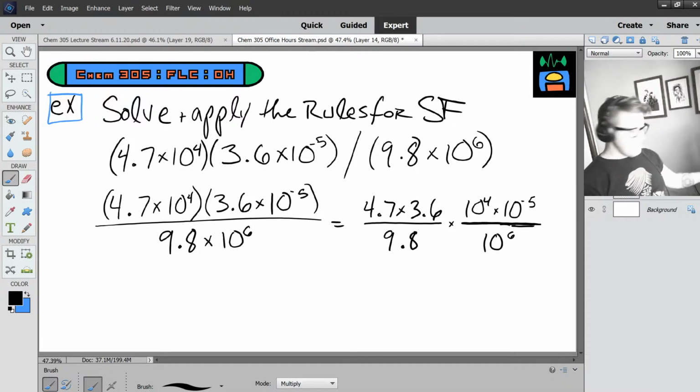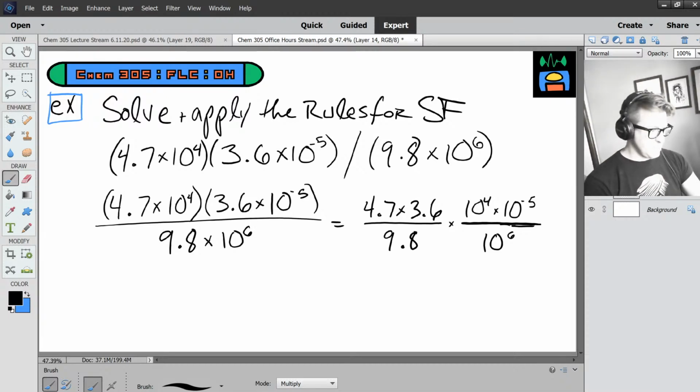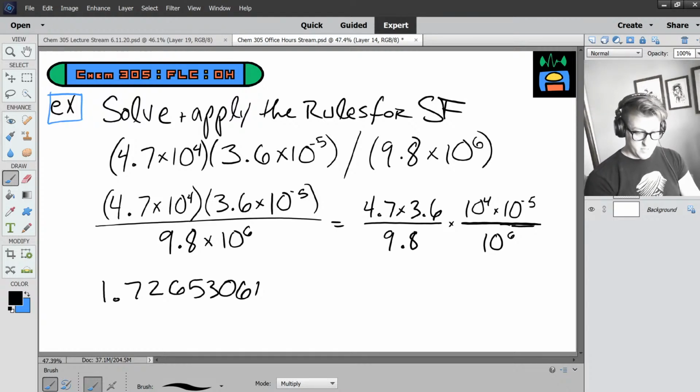All right, and when I do 4.7 times 3.6 divided by 9.8, this comes out to 1.7265361, quite a long number.